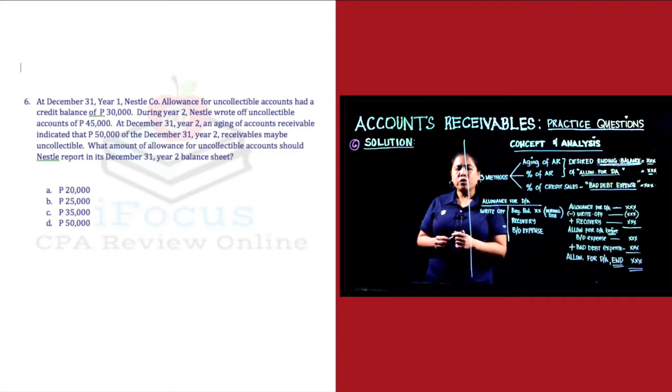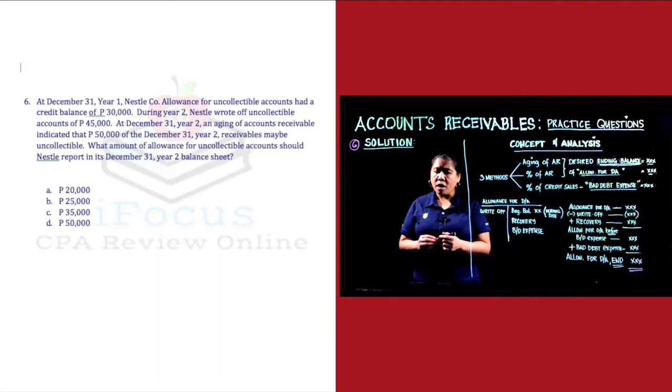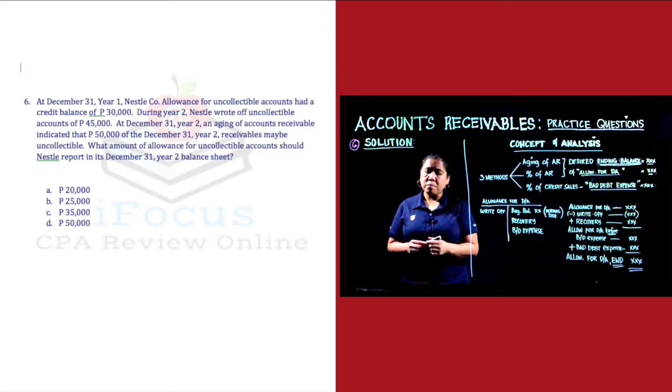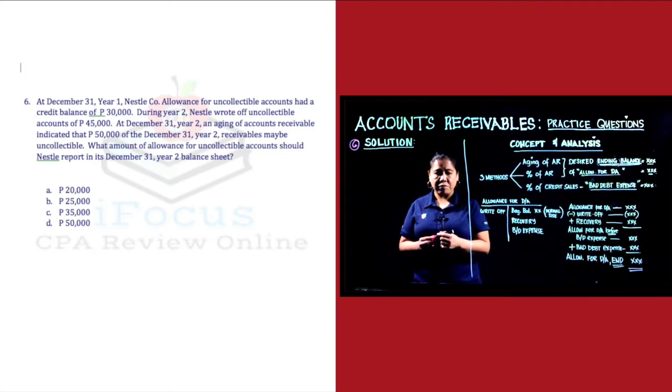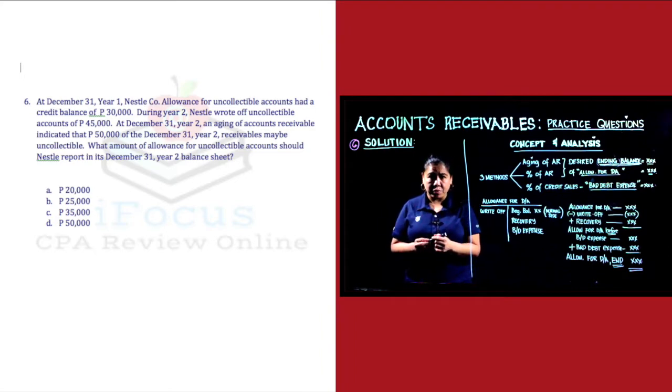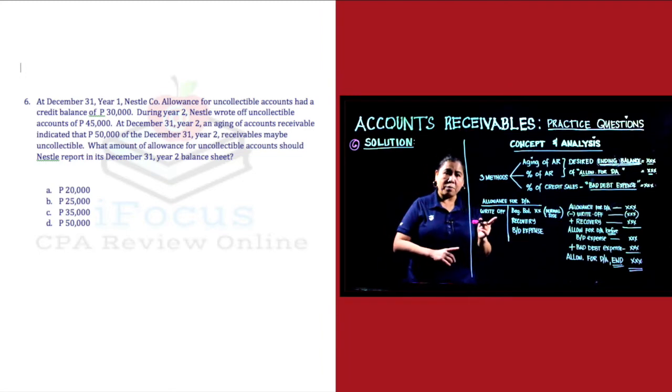Alright? During year 2, Nestle wrote off accounts of 45,000. At December 31st, year 2, an aging of accounts receivable indicates that 50,000 of the December 31st, year 2 receivable may be uncollectible. So, let's go back to our concept.